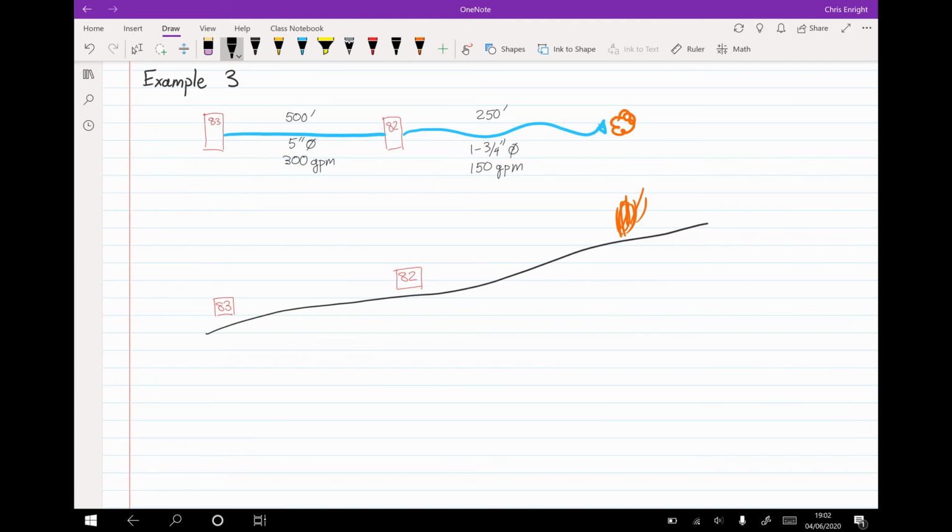So let's look at our elevation differences between these 2 points. Between our first engine and second engine, we've got a 50-foot elevation difference. Then between our second engine and the fire, we have a smaller elevation difference, only 25 feet. Obviously, this is not to scale.